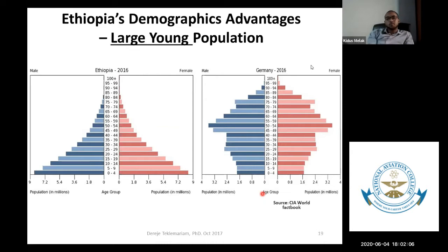So this is what I wanted to share with you. This is population, an important, really practical and tangible variable that nations try to consider.